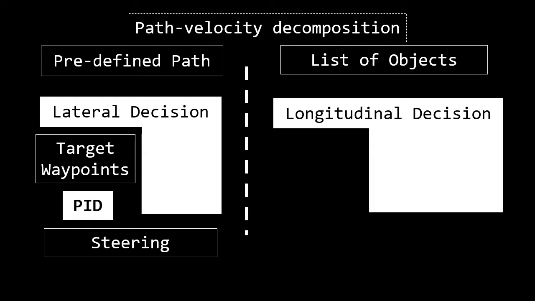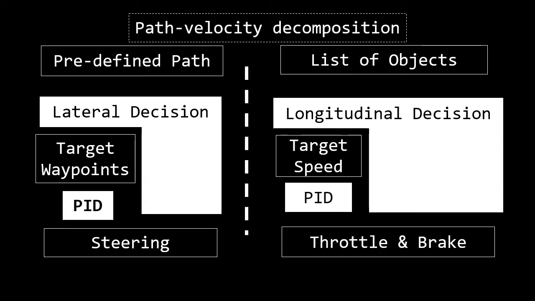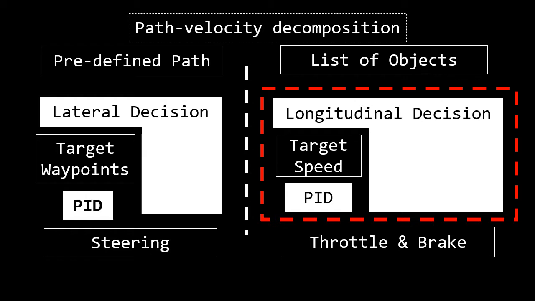Again, either you do it directly, or you decide the target speed, and then use a PID to derive what throttle or brake you should apply in order to reach this target speed. So we'll be focusing on this longitudinal decision.